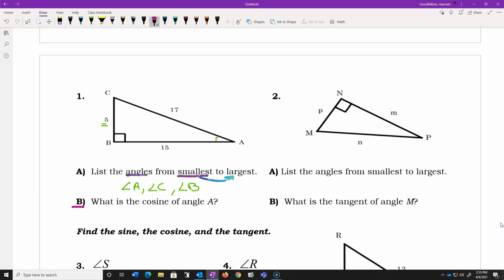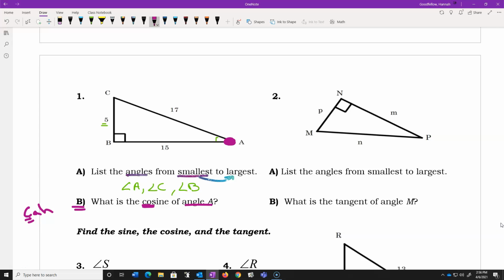Now that was pretty simple, just labeling from smallest to largest. Now they're going to ask us in part B to figure out what the cosine, COS, of angle A is. When they tell you what they want you to stand at, they want you to stand at A. This is the perspective they want, so put a big dot right there so you know where you're standing. And if I say cosine, I would think SOH-CAH-TOA, and for the CAH part I would use a combination of the adjacent and the hypotenuse.